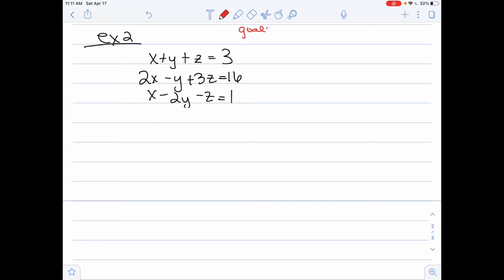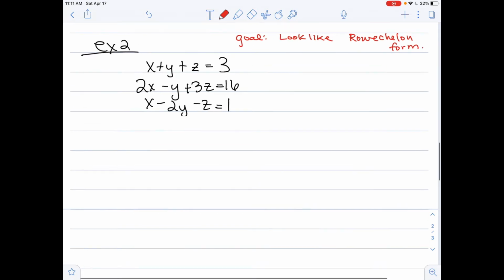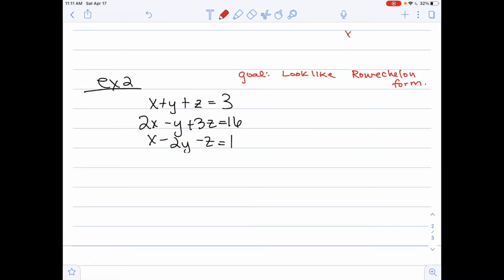So again, our goal is to make it look like row echelon form. Okay, which remember, row echelon form looks like something like x plus y plus z.